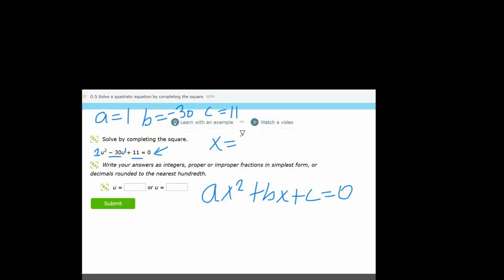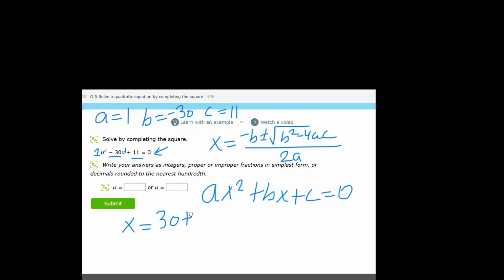x is equal to negative b plus or minus the square root of b squared minus 4ac over 2a. Because our b is negative 30, negative b would have the opposite sign and be positive 30 in our formula instead.